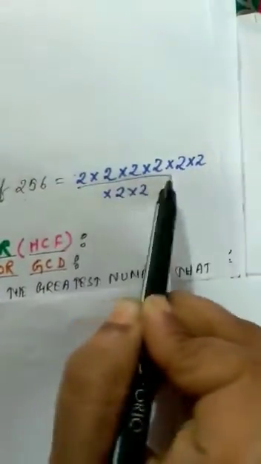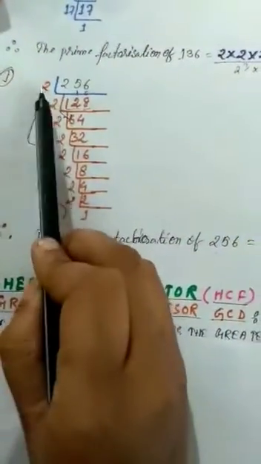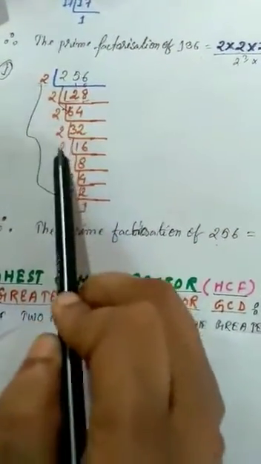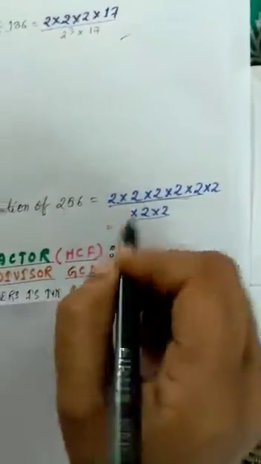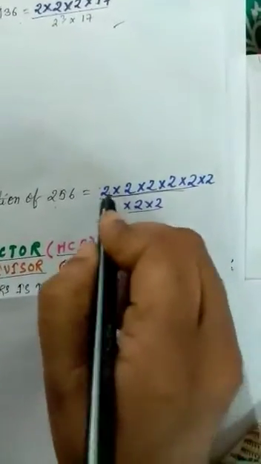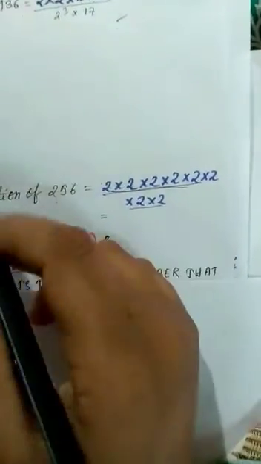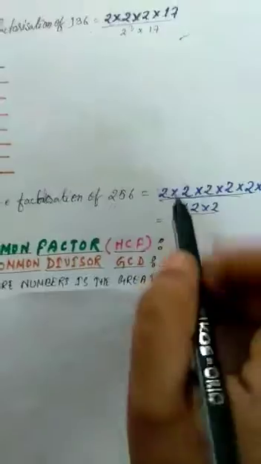So the prime factorization of 256 will be there. All these 2s we have to multiply. So how many 2s are coming? 1, 2, 3, 4, 5, 6, 7, 8. So 8 twos if you write. And how will we check that your result is correct or not, students?